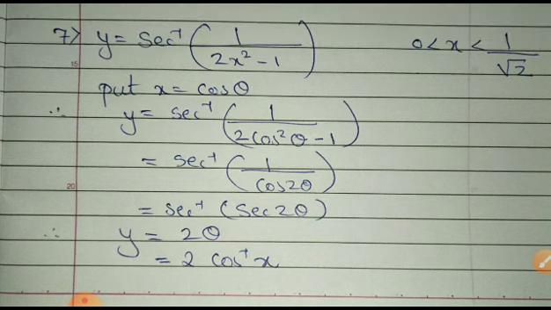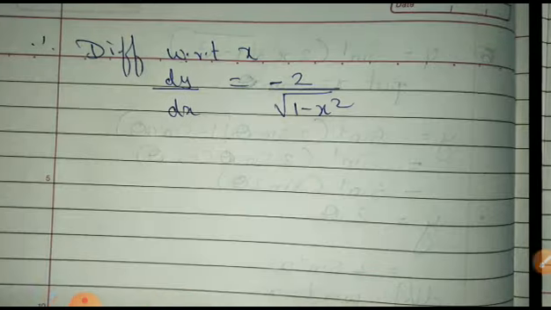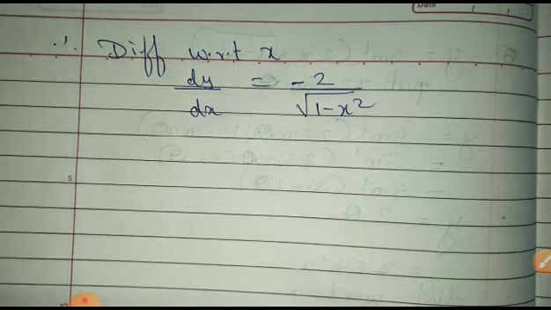Instead of theta, I can write it as cos inverse x. Then differentiate with respect to x. You'll get dy by dx, as the derivative of cos inverse is minus 1 by root of 1 minus x square, and hence I will get this here. Hope this section is clear.